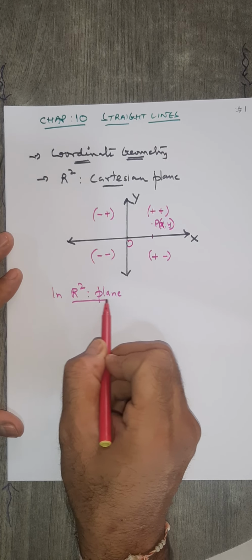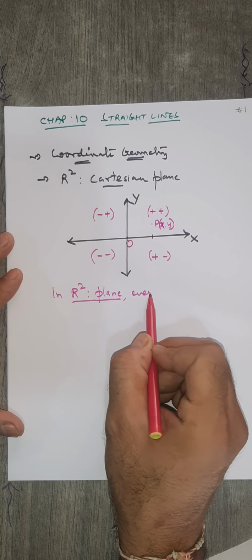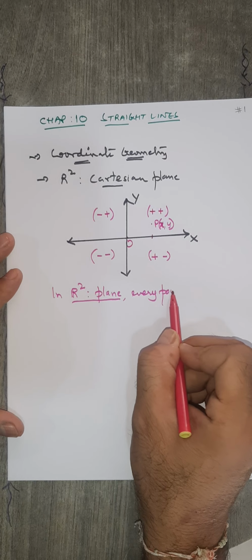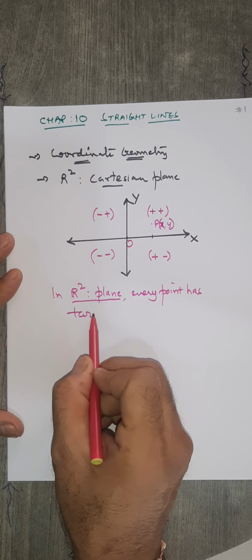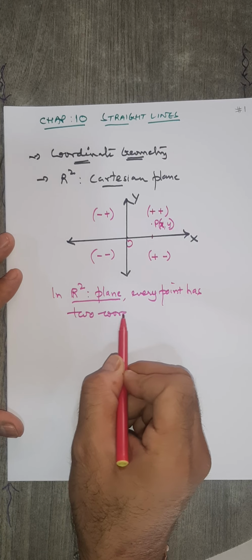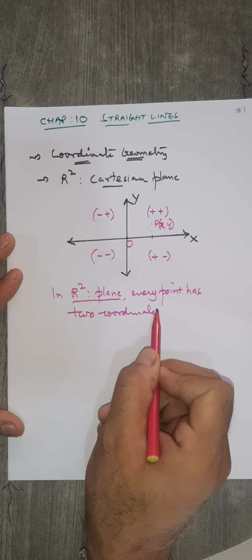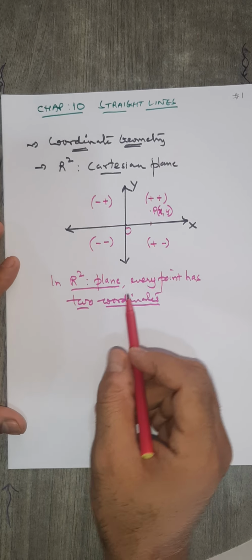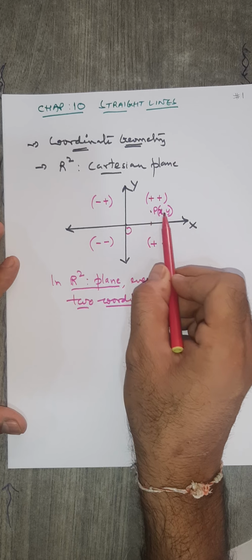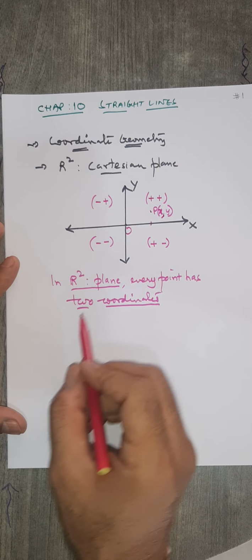In R2, in a plane, every point has two coordinates. We know it, two coordinates. We usually call them as x and y coordinates. So if I pick up a point from here, then we write two coordinates like x comma y.